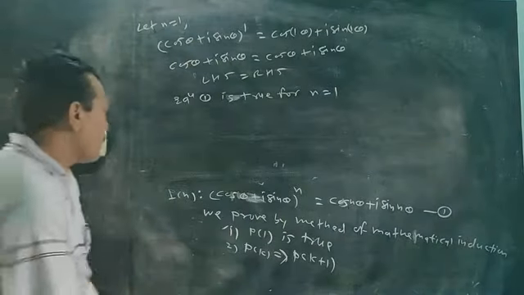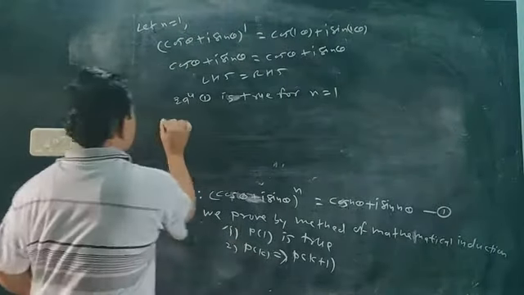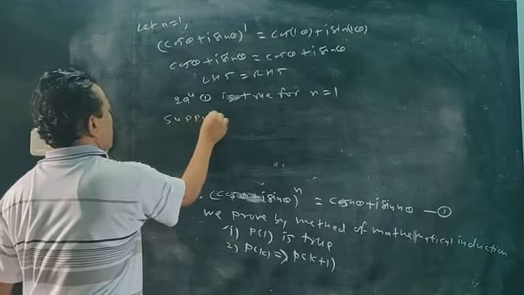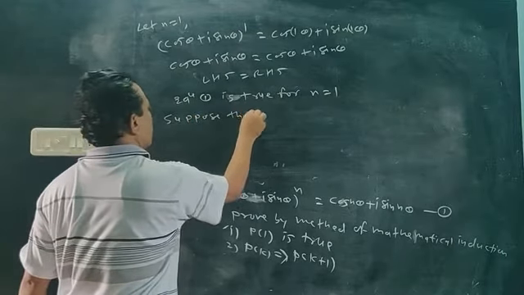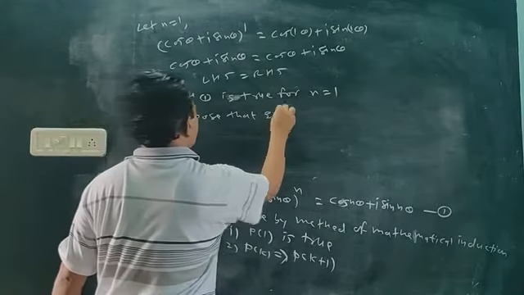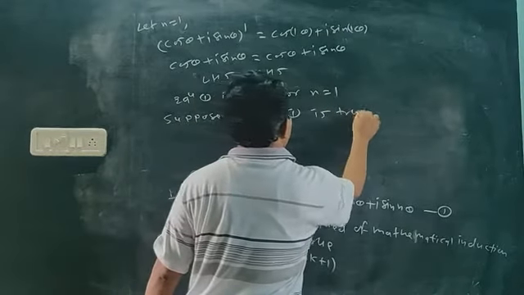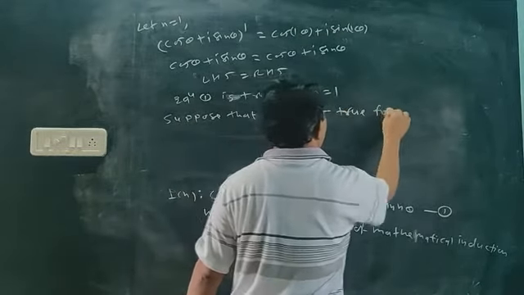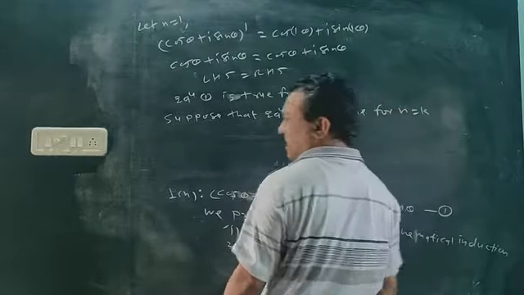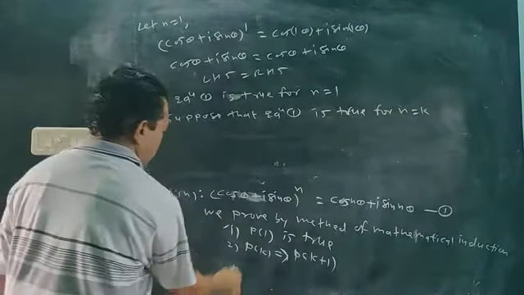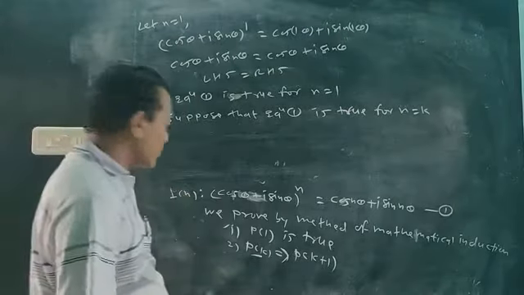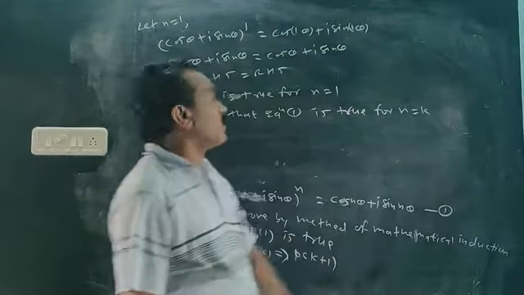Now the second point: true for k plus 1. Assume, suppose that equation 1 is true for n equal to k. That is given to you, and we show it for k plus 1.